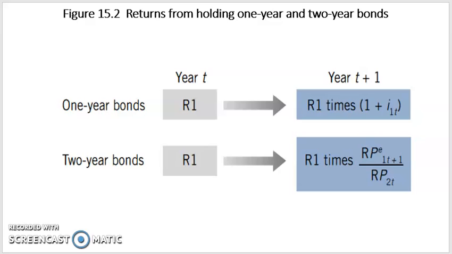And this is represented in this figure here, which tells us that a 1-year bond pays you 1 plus the interest rate next year, while a 2-year bond pays you the ratio of the expected price of the bond next year and the 2-year price of the bond today. This is the amount the 2-year bond pays you in 1 year, and this is the amount the 1-year bond pays you in 1 year, which is basically its full maturity.